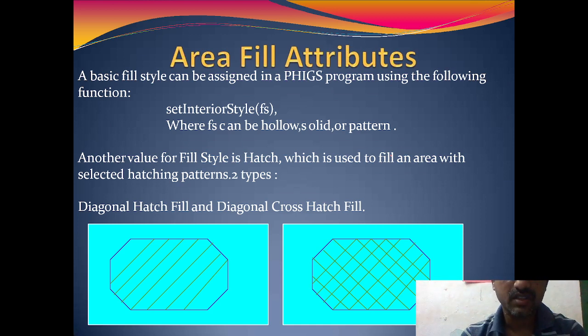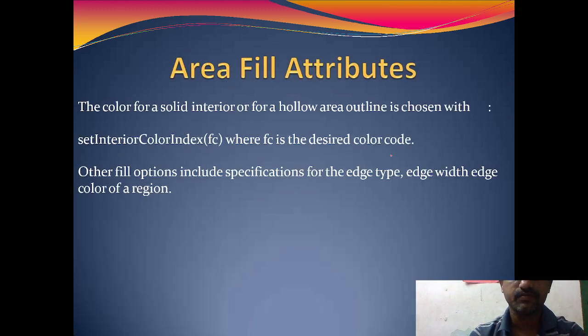Using the following function, that is set interior style of fs, where fs can be hollow, solid, or pattern. Another value for fill style is hatch, which is used to fill an area with the selected hatching patterns: diagonal hatch fill and diagonal cross hatch. The color for a solid interior or for a hollow area outline is chosen with set interior color index of FC, where FC is the desired color code.